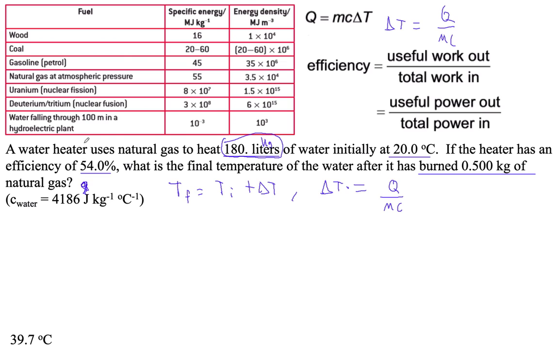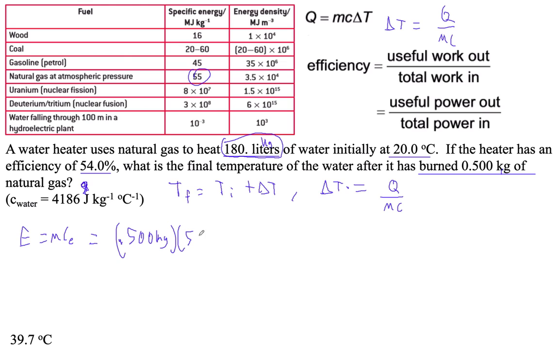So what that heat is going to be, by the way, is 54% of the heat released by burning this. So the heat released by burning 0.5 kilograms, right? So mass times specific energy, that's going to be 0.500 kilograms. And then, it's natural gas, so that's this guy here.